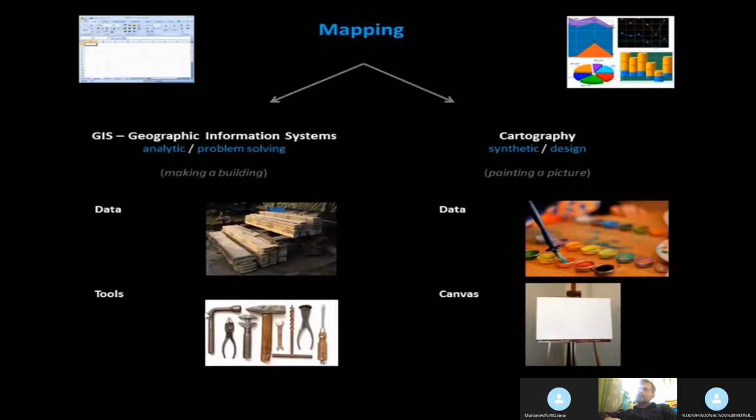In this picture, you can see one approach that gives you understanding of how GIS and cartography can be explained. First of all, GIS is an analytical technique that helps us to work with data, that gives us tools to operate with data.